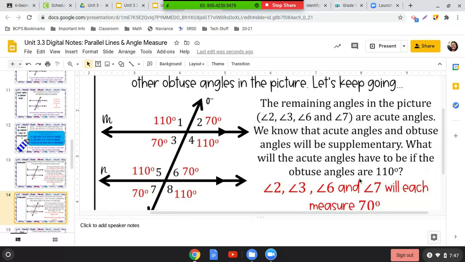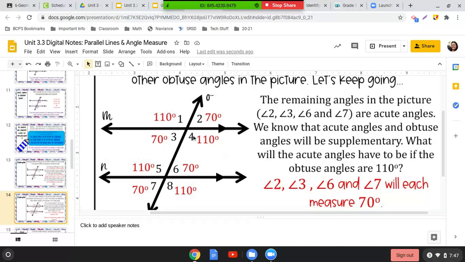So what will the acute angles have to be if we know the obtuse angles are 110 degrees? Well, if we know that they are supplementary, then they are going to have to add to 180 degrees. So we would take 180 minus 110, and it's going to give us 70. So all of these other angles are going to be 70 degrees.